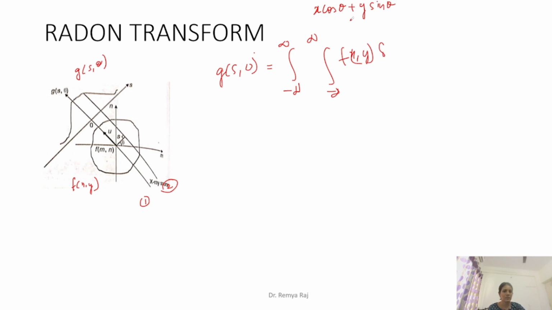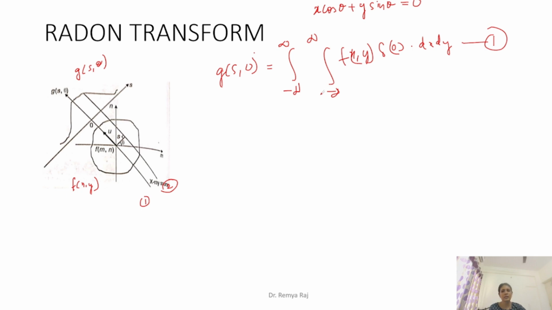Since this line passes through the origin, x cos theta plus y sin theta equals 0, so we write delta of 0, multiplied by dx dy. This is equation number 1, for the beam passing through the origin.